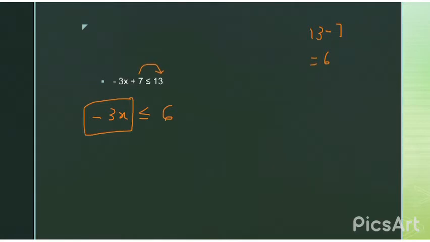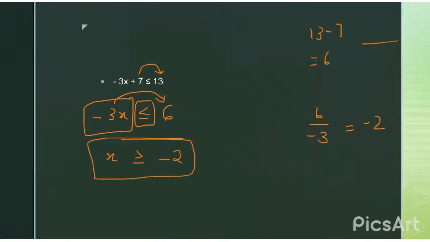Here it is negative, so whenever it is negative we need to make x positive. For that we write x and flip the sign, so it becomes greater than or equal to, and then we bring the -3 to the right side, and we get 6 divided by -3, which is equal to -2. So we get x greater than or equal to -2. Here is your answer.